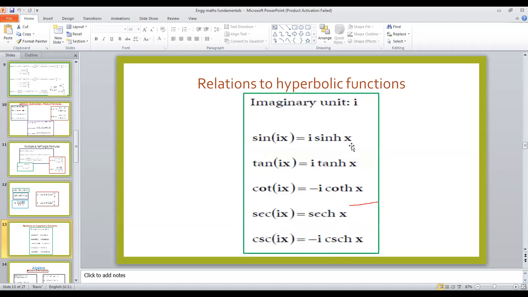Sin ix is i sin hx, so 1 by that is minus i cosec hx. Sin is a trigonometric function, but sin h is a hyperbolic function. Cos is trigonometric, but cos h is hyperbolic. You got it? We will discuss in detail these relations of circular with hyperbolic functions in the topic of complex numbers, but at least you should know the actual relation between them.